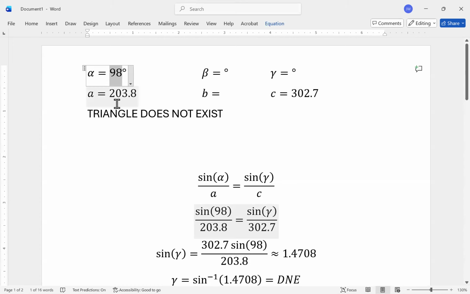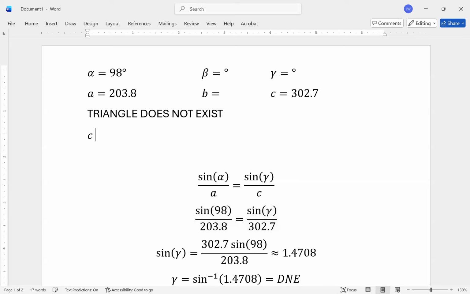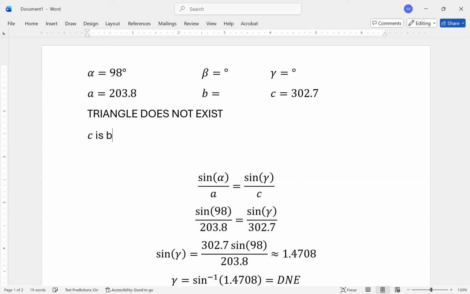The side length opposite of alpha is 203.8, but that is not the biggest side length. Since C is a bigger side length, that means that using the law of sines, gamma would have had to have been a bigger angle than alpha.